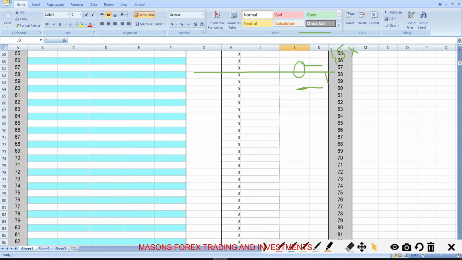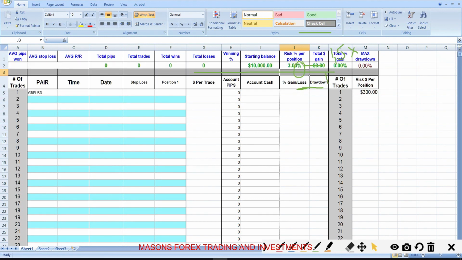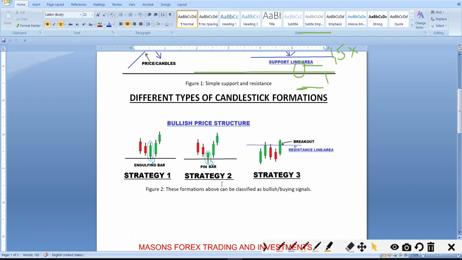Okay, sorry, wrong one. Here you can title this page, or this document will be specifically called, let's just say, handling 3 strategies.